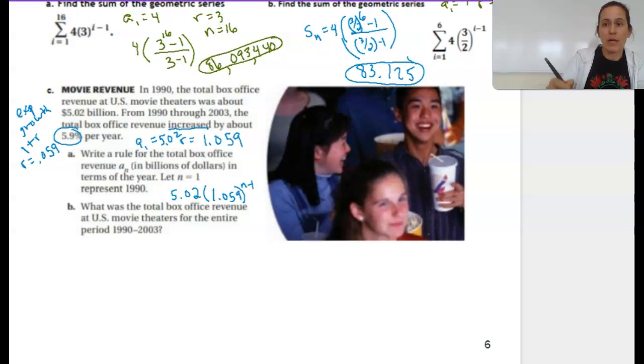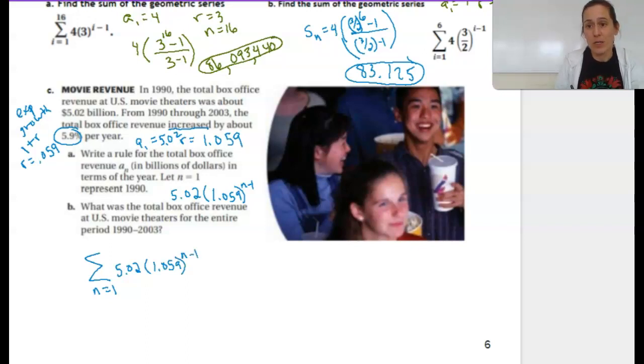Now that we have the rule, we can figure out the sum of all of those terms. We would have sigma notation where n equals 1, and the rule is 5.02 times 1.059 raised to the n minus 1 power. The thing we don't know yet is n, like how many terms are we adding together? That comes from the year range.